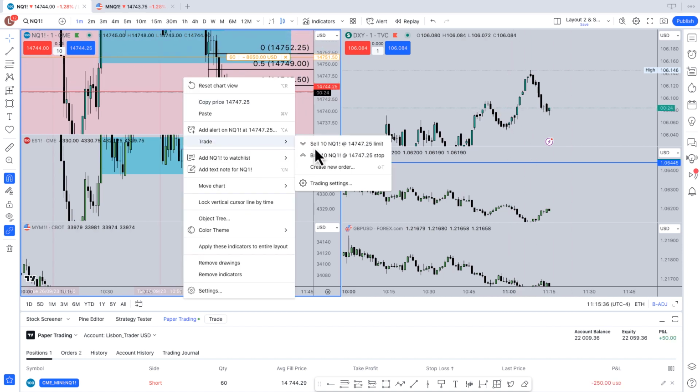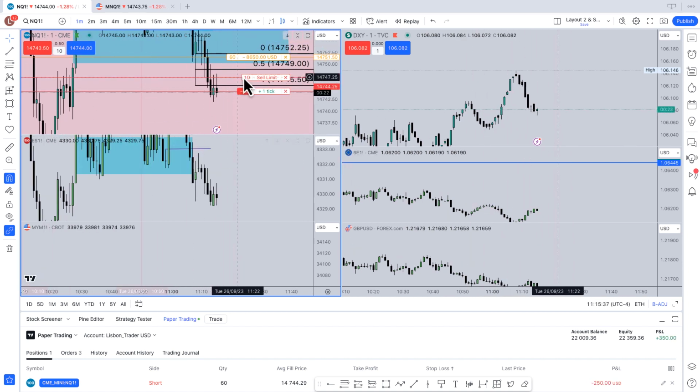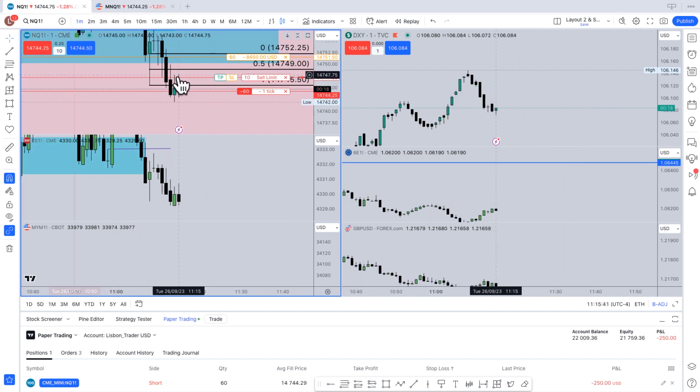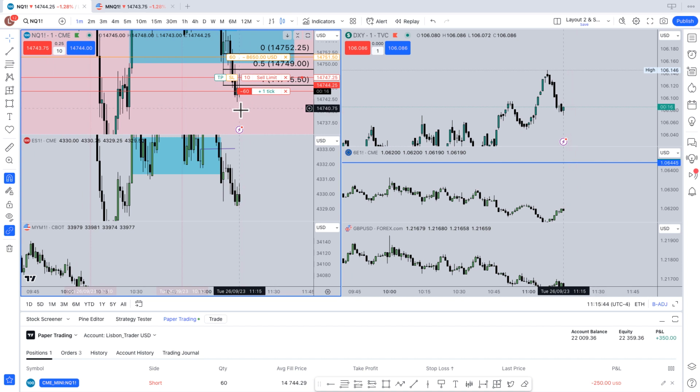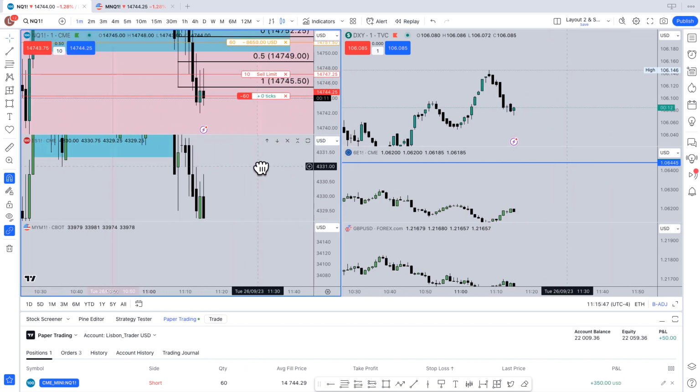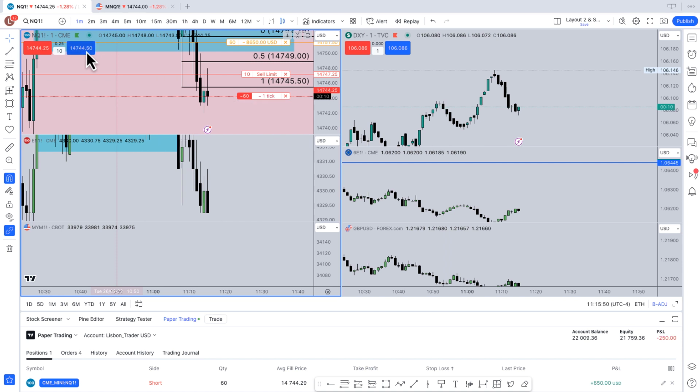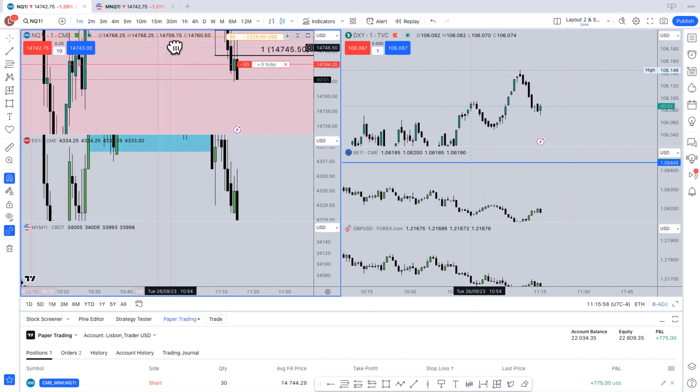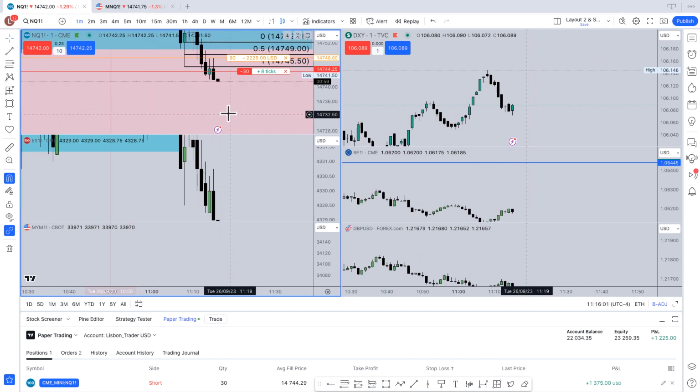8,000. Some more here. So this was, is it a market structure shift? Let's see, wait and see. No, it was not.